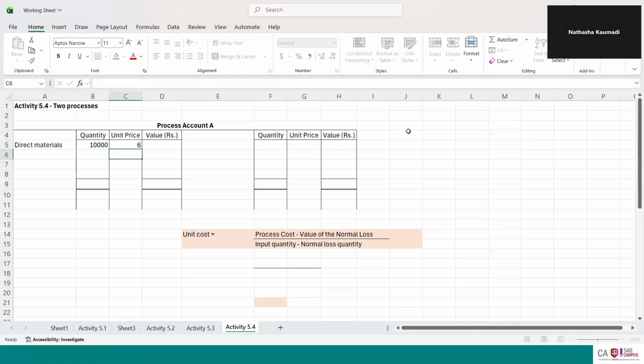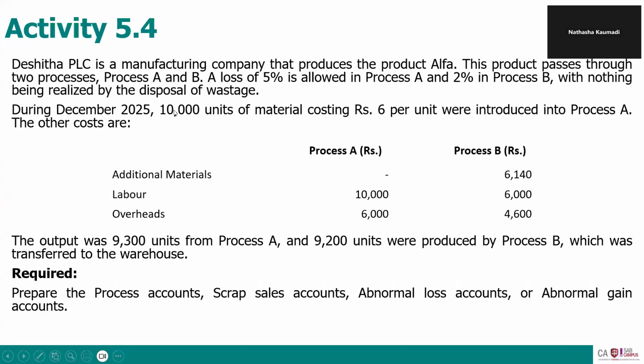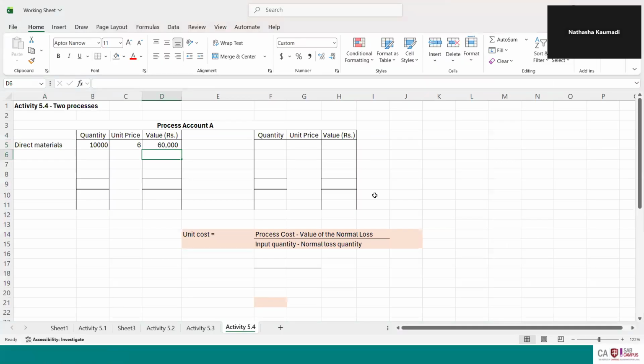So I write it here and then I get the value 10,000 multiplied by 6, 60,000. And then that is about the materials. And when you see the details coming under process A, labor cost is there 10,000. And then you have overhead 6,000.